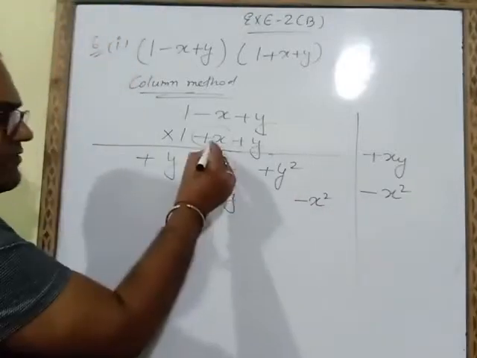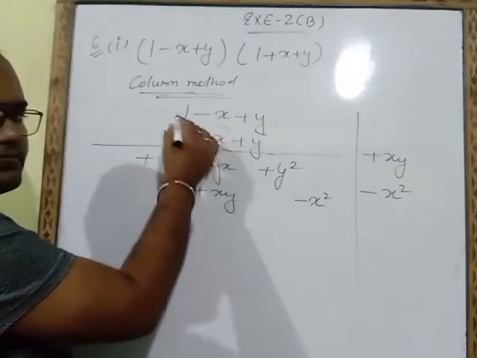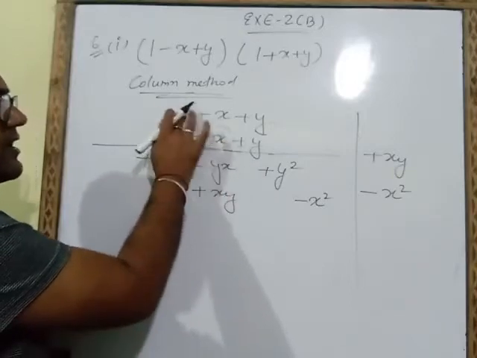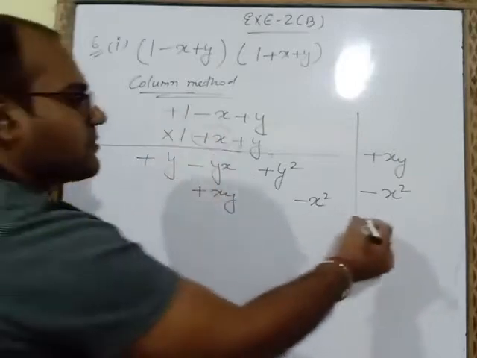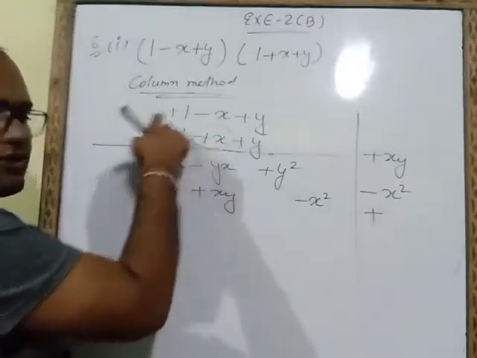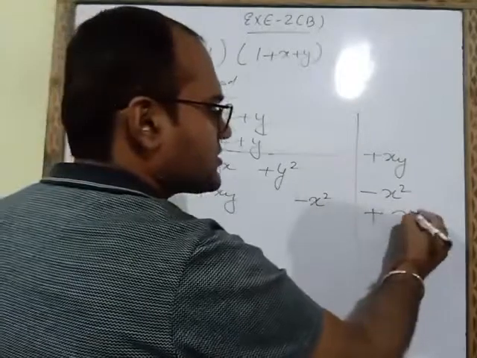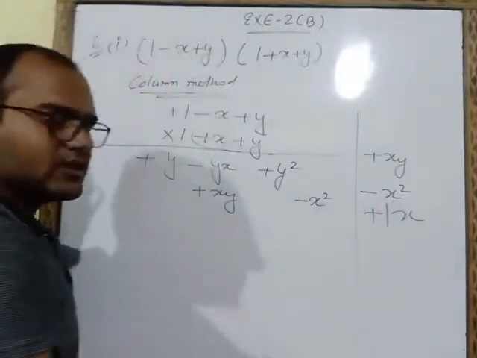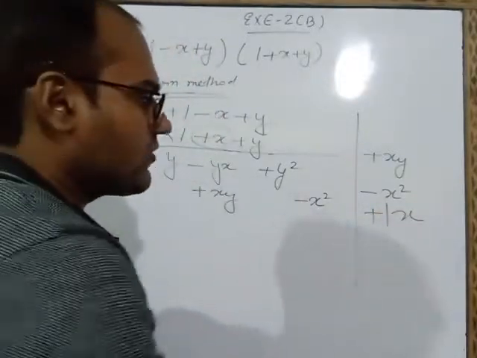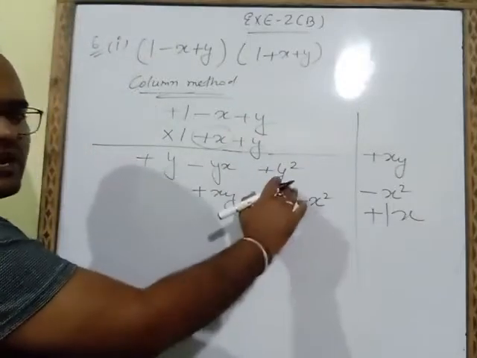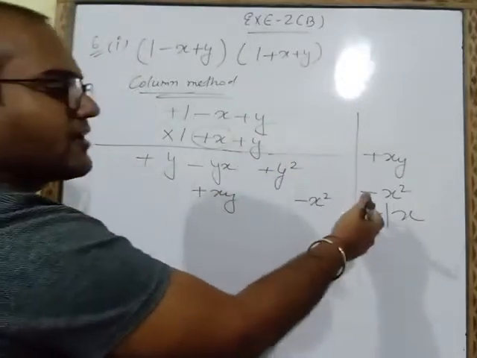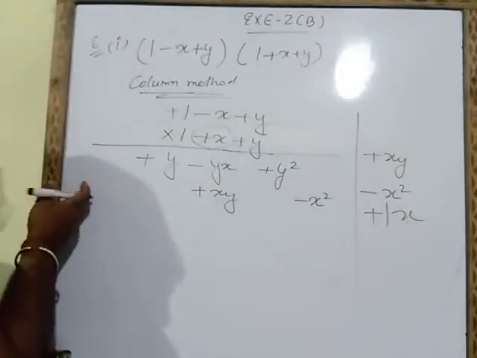Now again we will multiply these two terms. Plus, and no sign is here, that means it is plus only. Plus plus plus, x into 1, answer will be x, or you can say 1x. So where we will write this x alphabet? The x alphabet is not here in the first line, so we will write it in the end, or we can write this in the beginning also.